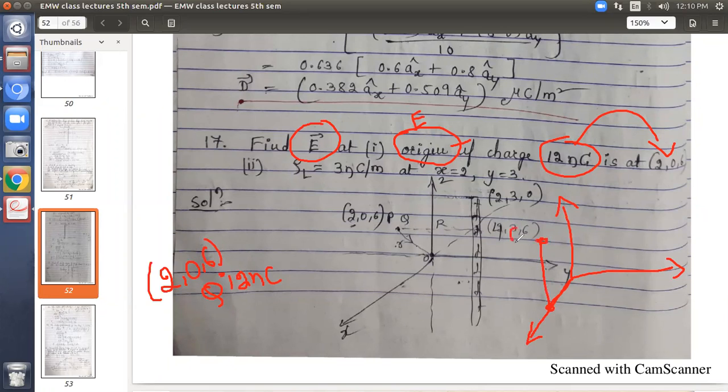Somewhere here the charge q exists. This is the point 2 comma 0 comma 6. Then what is the question? We need to find the field at the origin, that is 0 comma 0 comma 0. At the origin you need to calculate the field E. The charge is here, the field is to be calculated here. Okay, something like this. So I hope you can try this.